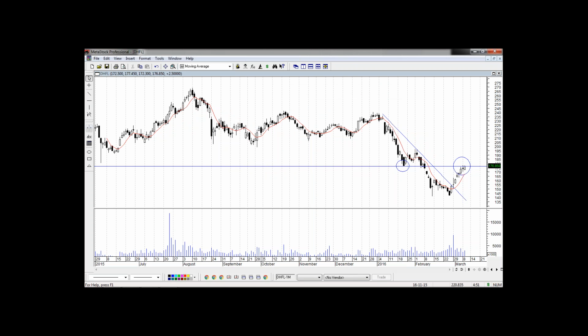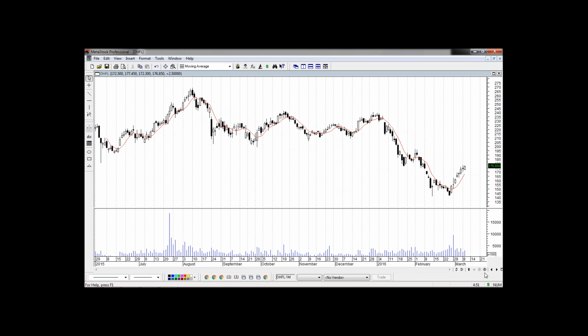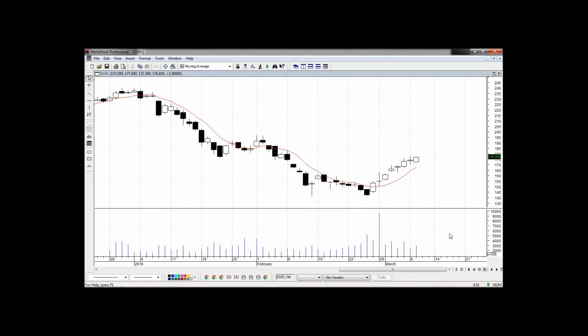This is a short-term moving stop loss which I am using. Let me remove the unnecessary indicators so it is clearer.